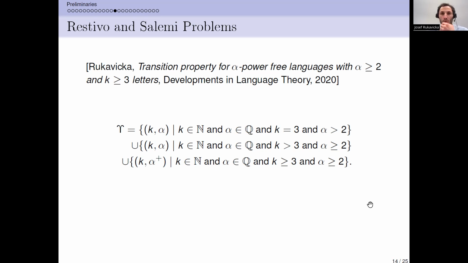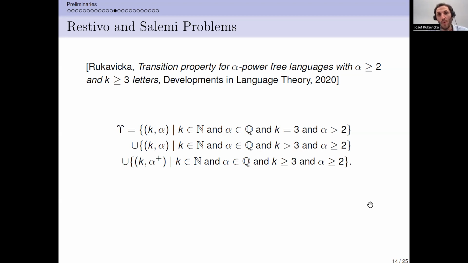For the moment, it's not necessary to go into the details. Basically, results hold for alphabets bigger than 3, so alphabets that have more than 3 letters, and for alpha power 3 words with alpha bigger than 2.